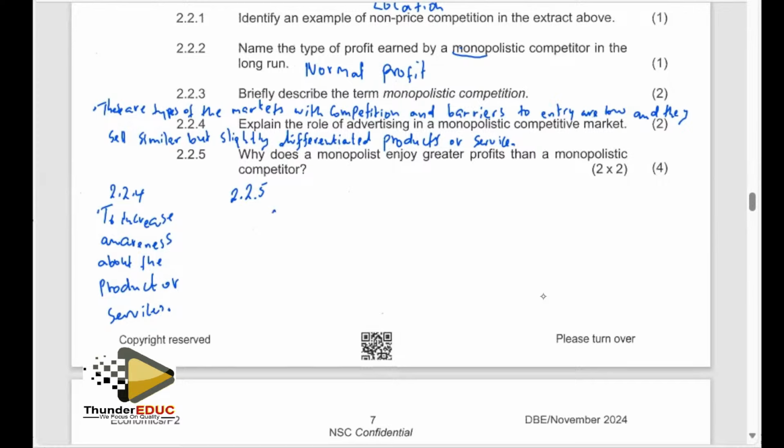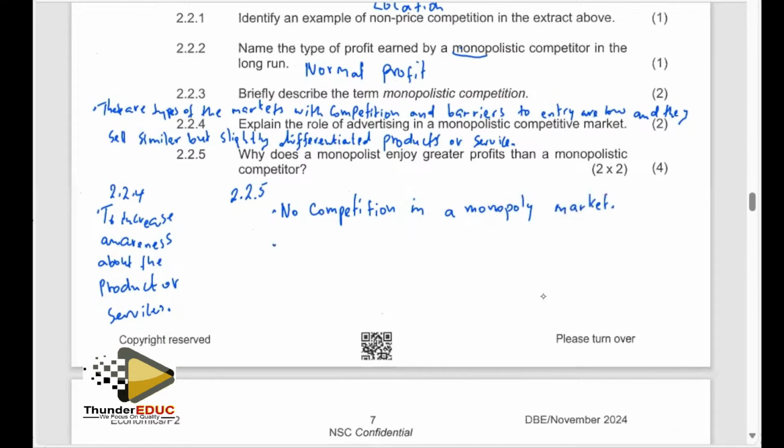We are saying that there is no competition in a monopoly market.